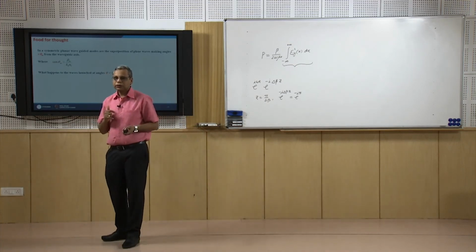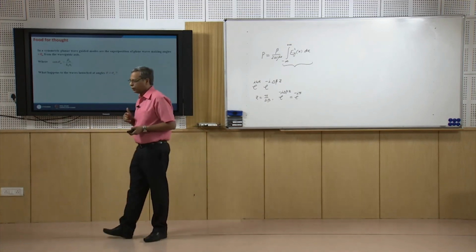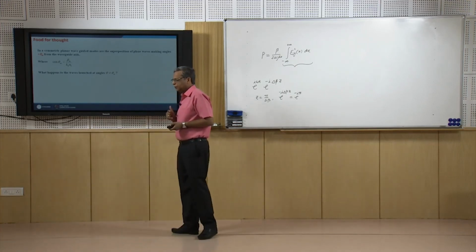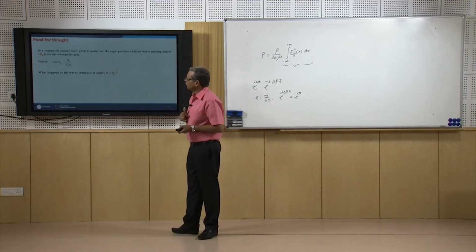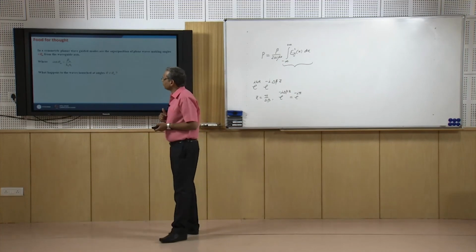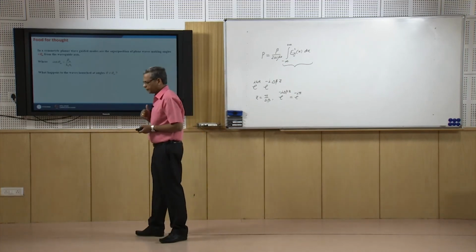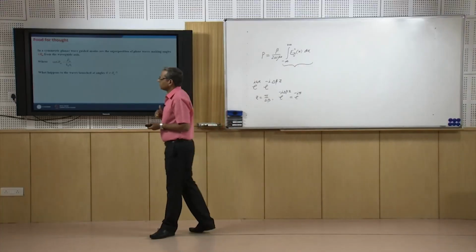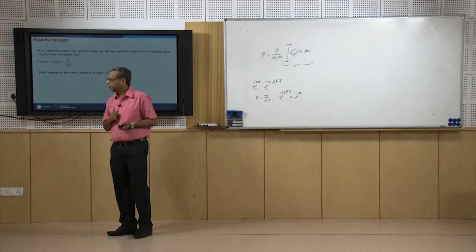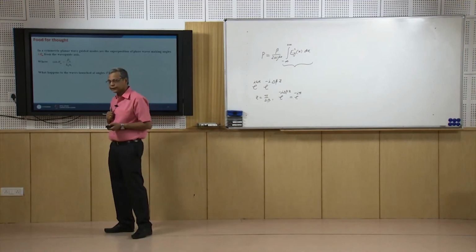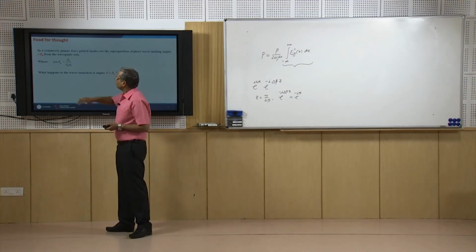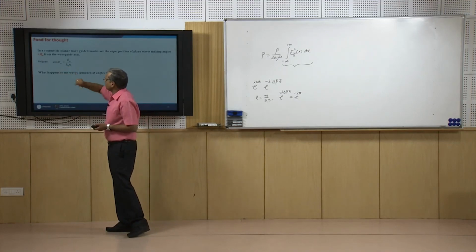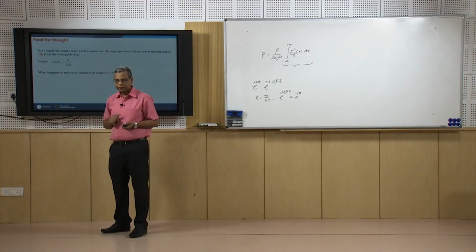And now, the analysis of guided modes of a planar symmetric waveguide, with food for thought. I had said that in a symmetric planar waveguide, the guided modes are the superposition of plane waves making angles plus minus theta m from the waveguide axis, where the angles are given by cos theta m equal to beta m over k naught n1.